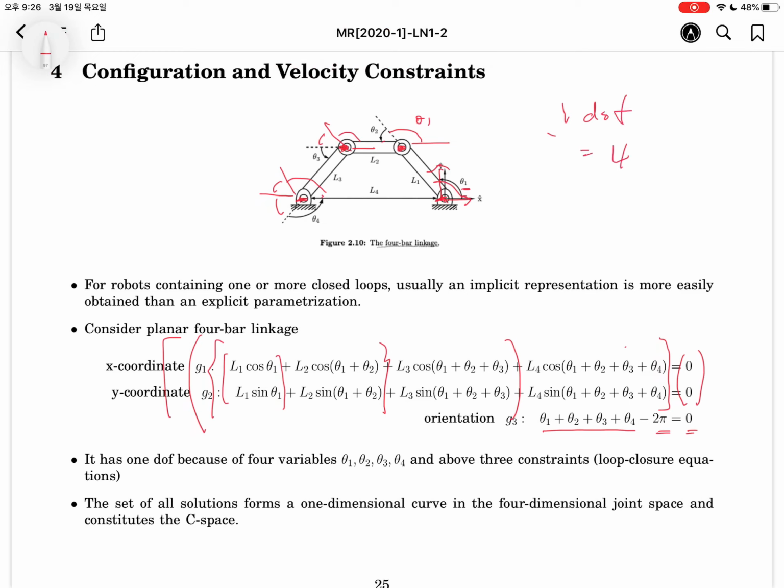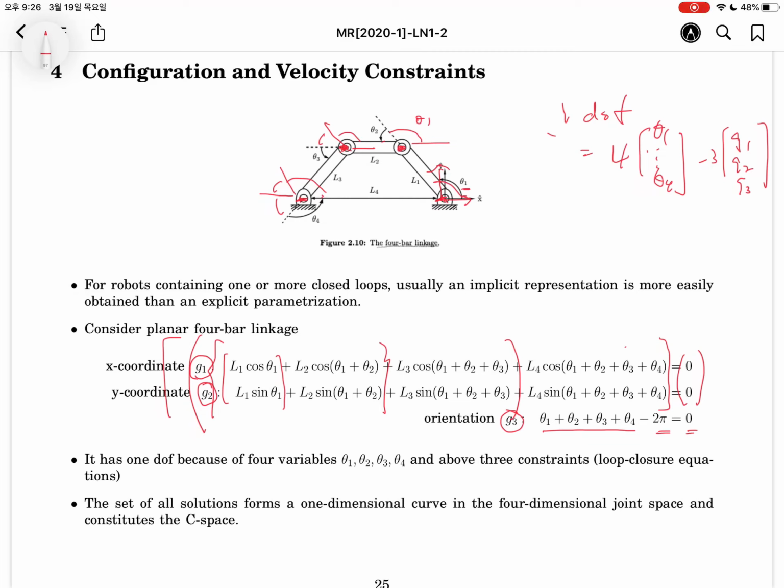1 DOF is obtained from the variables theta 1 through theta 4 minus 3 constraints G1, G2, and G3. In here, the first constraint equations are G1, G2, and G3. So we have 1 degree of freedom.